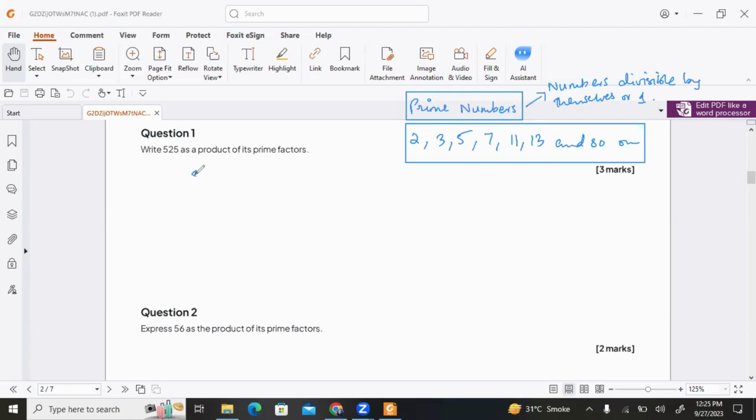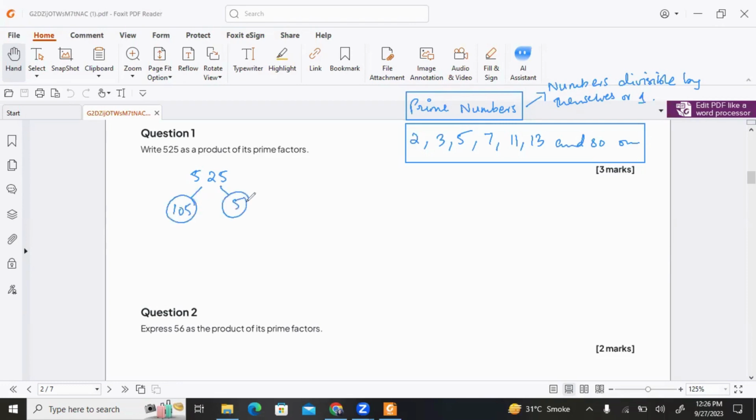So 525. Now, as you can see, the last digit is 5, which means this number is divisible by 5. So we'll break down 525 into its prime factors. If we divide 525 by 5, that gives us 105, so if you split it, it's going to be 105 times 5.